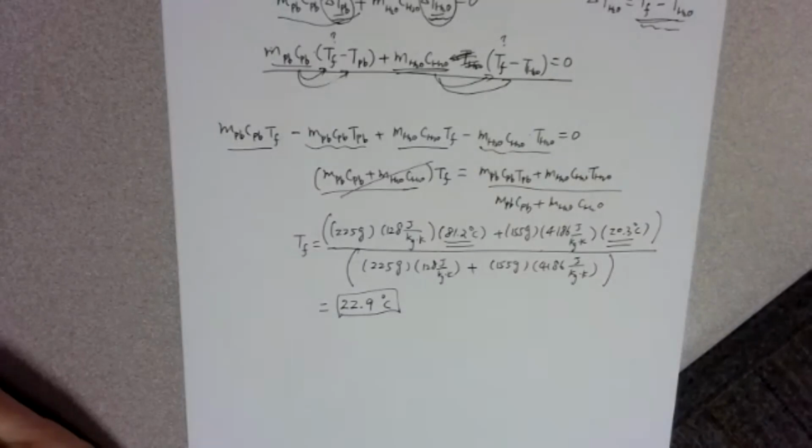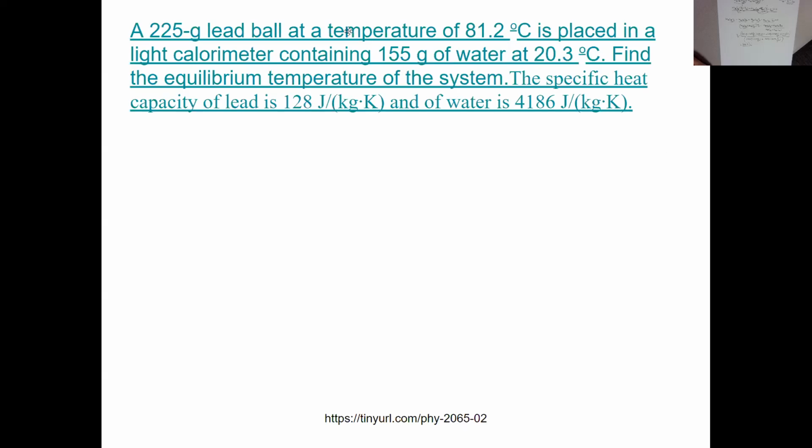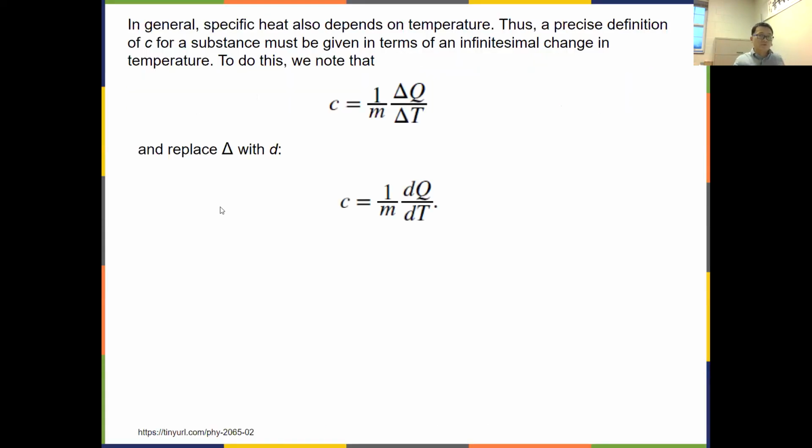So let's go back to the PowerPoint slide. Normally, if it is not specified, we will say specific heat doesn't depend on temperature.